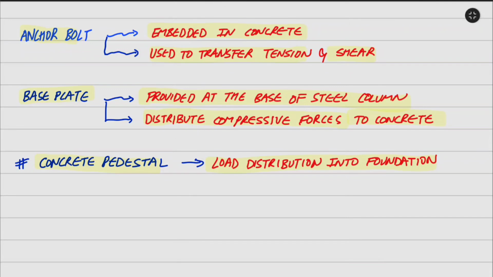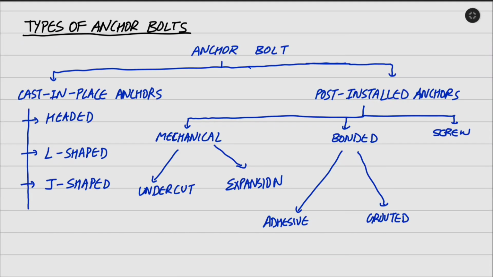Before starting the code, let us understand the types of anchor bolts. Anchor bolts are classified based on the stage of installation in concrete, that is whether the anchor is placed before concrete casting or after the concrete has hardened. Anchor bolts can be divided into two: cast in place anchors and post installed anchors.